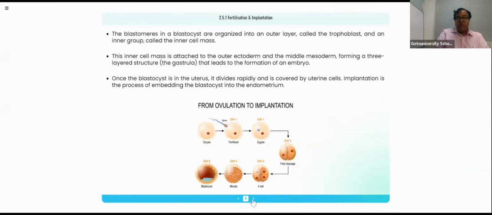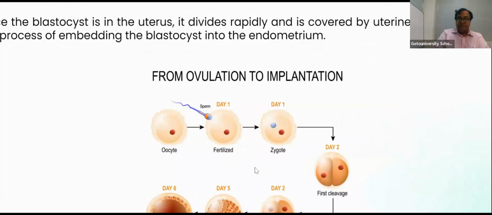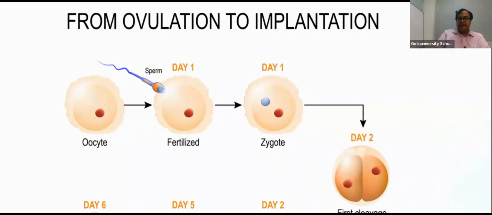Okay. Now, the blastomeres in a blastocyst. Before explaining this process, if I give you a clear-cut picture, you will understand exactly. Can you see this picture? In this picture, the oocyte is nothing but the egg.